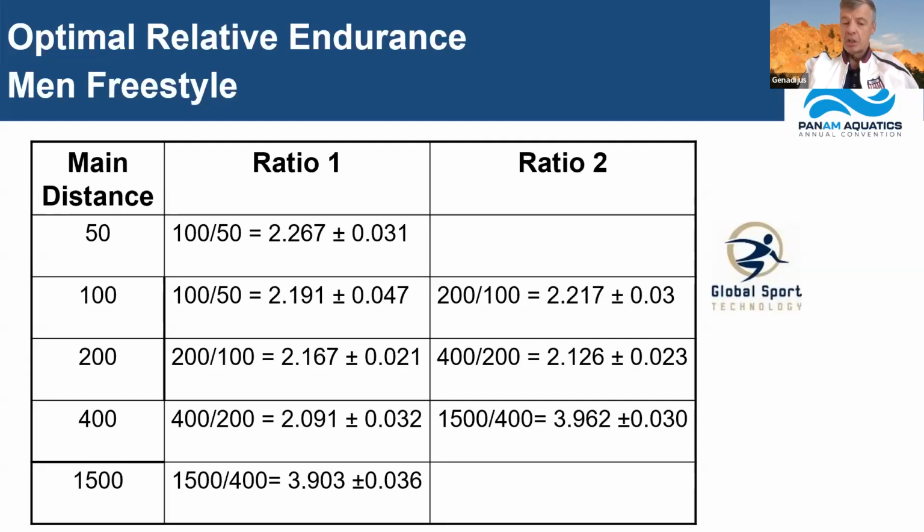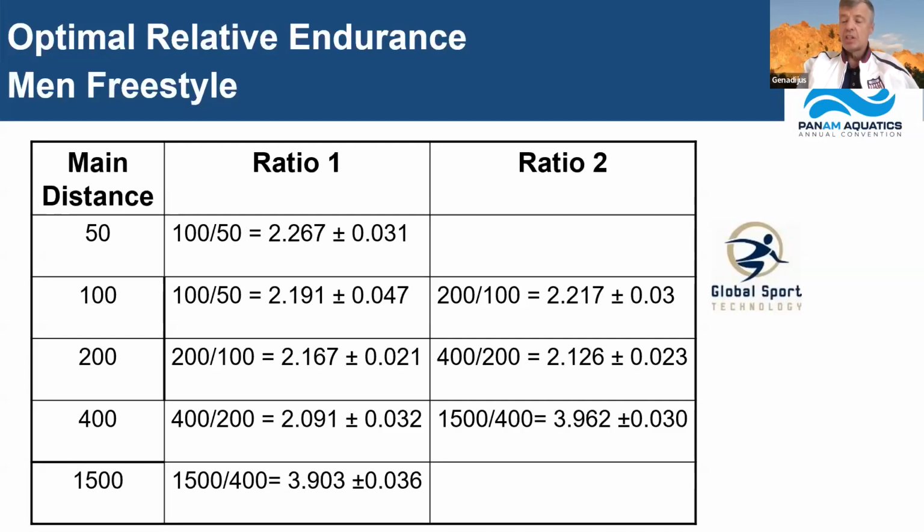They have a lower ratio. Their ability to maintain speed from shorter to longer distance is better when the ratio is lower. Same to compare another ratio, 1500 to 400. You see, for 400 swimmers it is 3.962. For 1500 swimmers it is 3.903.